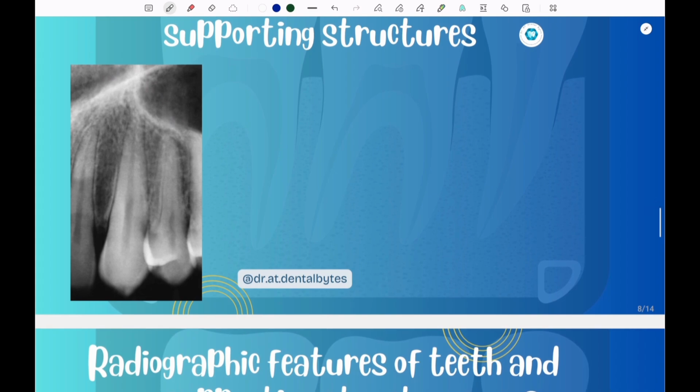This is a maxillary canine IOPA. This structure is the inverted Y line of Ennis.